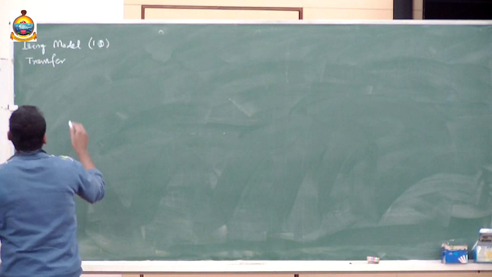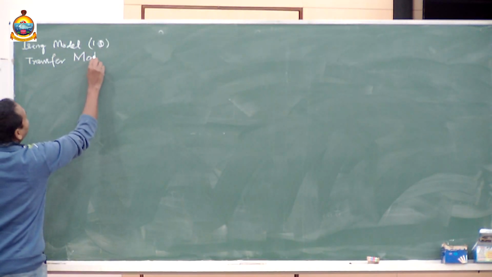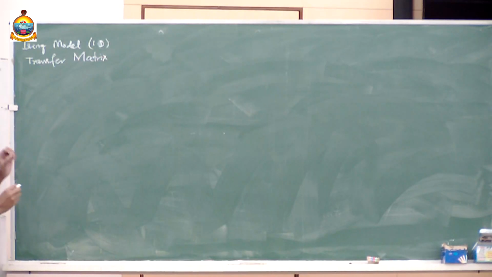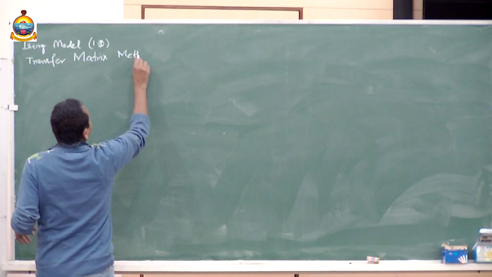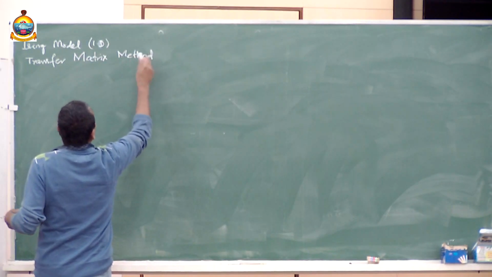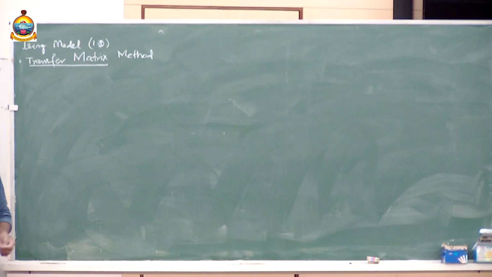Okay. So I'll then talk about the transfer matrix. My handwriting is small, so if it is not visible, please let me know, and please stop me if I'm fast. So I will say transfer matrix methods. What I'm going to do is that usually there is a transfer matrix in the Ising model, but why I'm calling it a method is that I want to extend it to other models also.